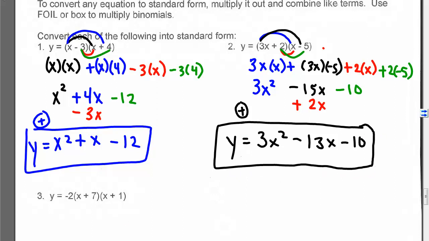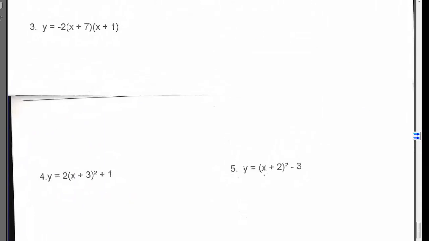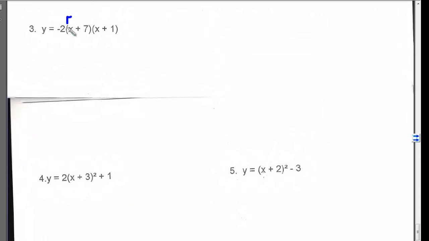Let's look at number 3. You can do this in different ways, but I like to multiply what's here first and then distribute the negative 2. Inside here we have x times x is x squared. x times 1 is positive 1x.